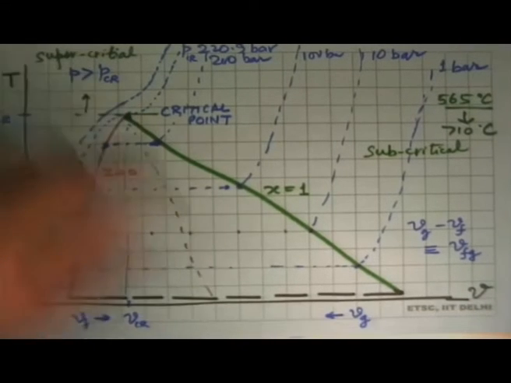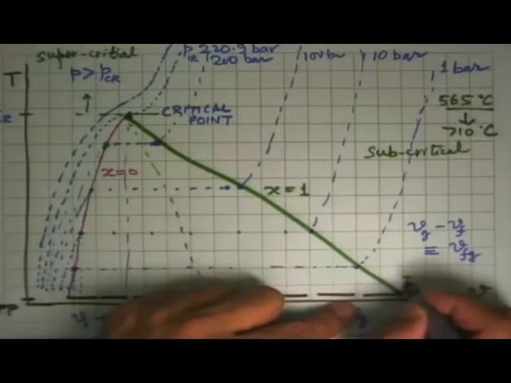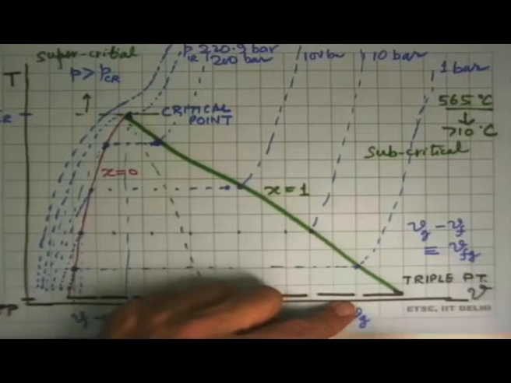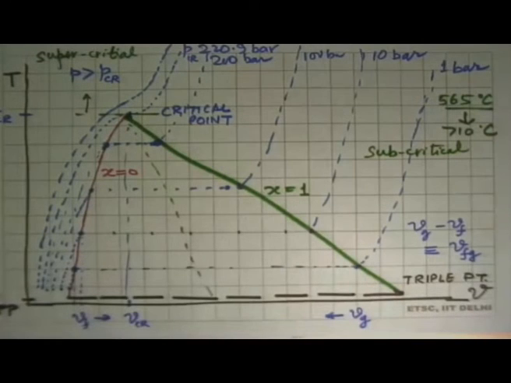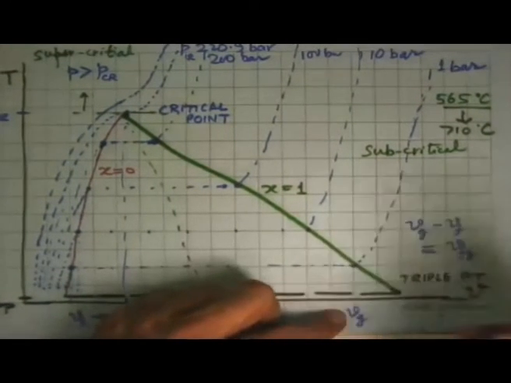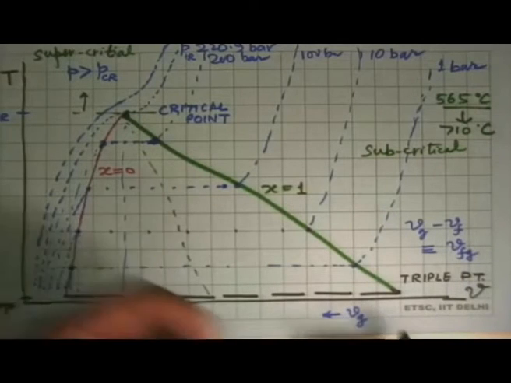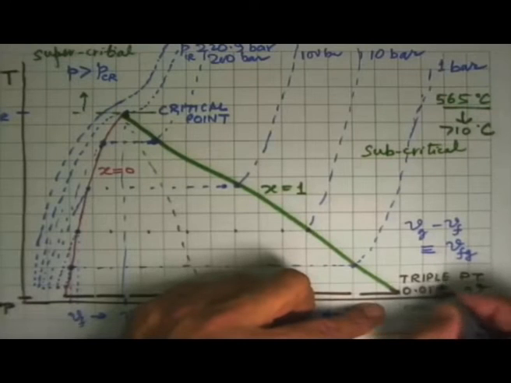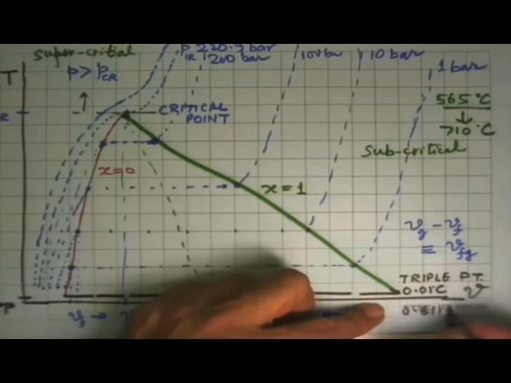So the critical point on the top, the lower limit of this is the triple point. And for water, the triple point again is like a critical point, a unique value. Triple point for water is 0.01 degrees Celsius. Triple point pressure is 0.6119 kPa. And you can get the specific volume also.